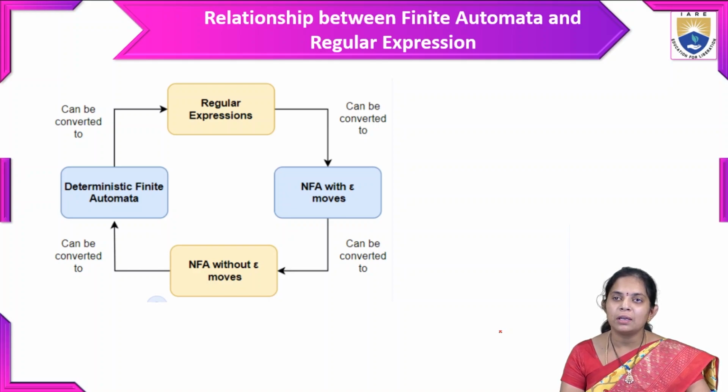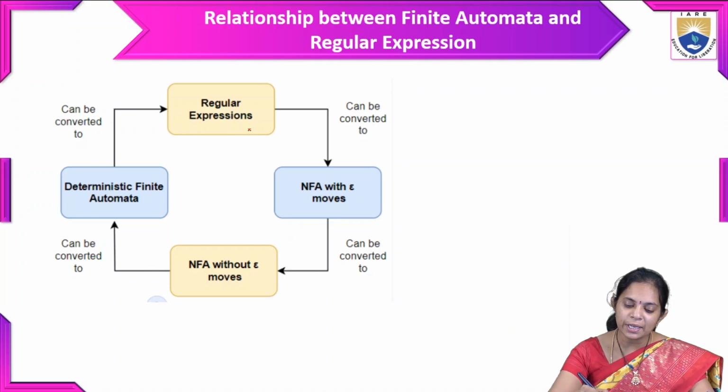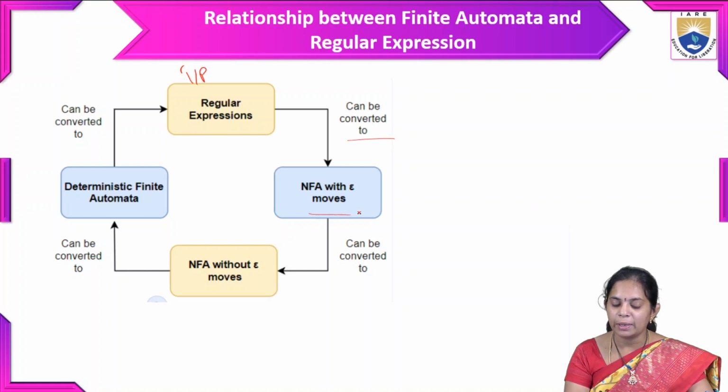Here is the simple thing when we discuss what is meant by regular expression and how we can convert it to a finite automata and how finite automata to a regular expression. In this diagram, if you have a regular expression as an input, it can be converted into an NFA with epsilon moves.